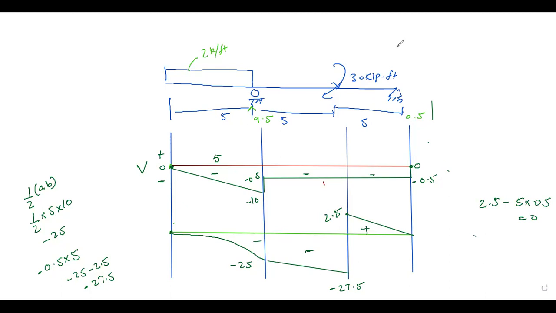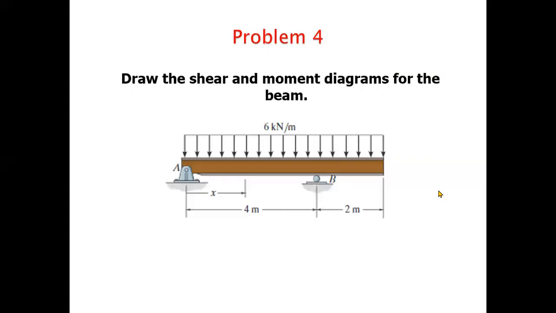Jump to problem number 4. In problem number 4, we have to draw the shear force and bending moment diagram for the following beam, in which we have a continuous beam. There's a support A and a roller support at B, and we have a continuous cantilever. Here we have a load of 6 kilonewton per meter, uniformly distributed.